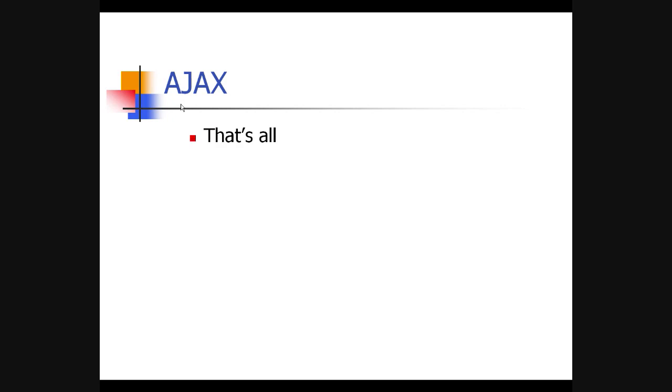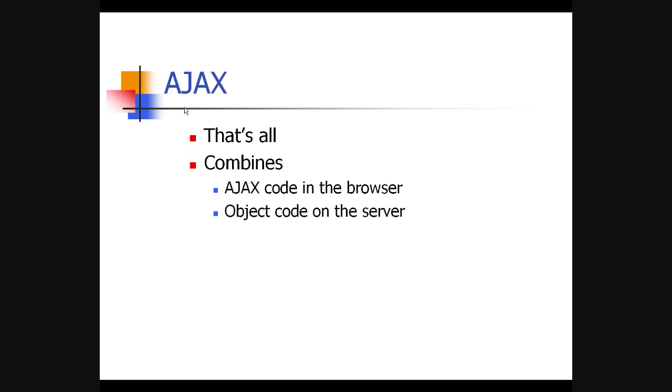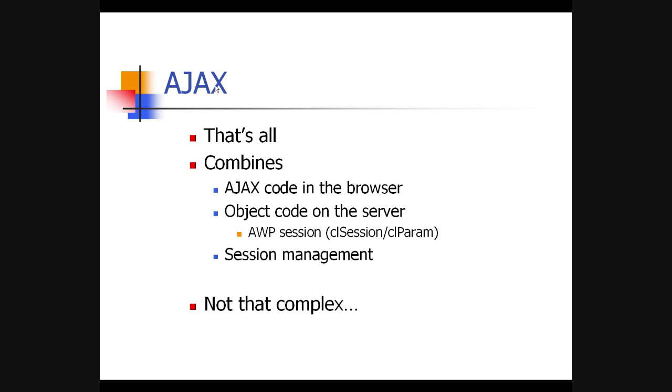And basically, that's all there is to it. At that point, you have an example that combines Ajax code in the browser, object code on the server, AWP session with CL session and CL param, and the whole session management system. And it's not that complex.